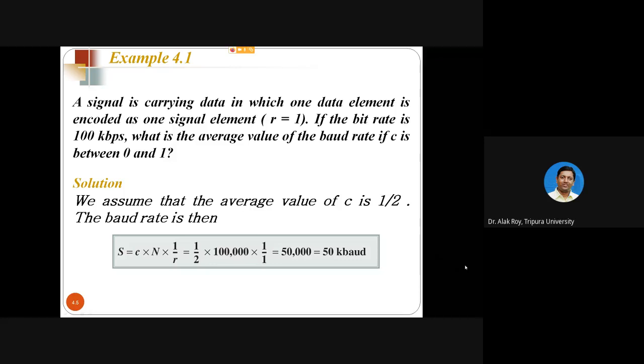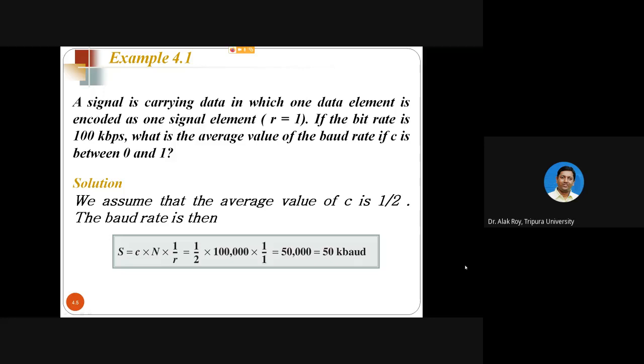We have a formula where a signal is carrying data in which one data element is encoded as one signal element, r equal to 1, if the bit rate is 100 kbps. What is the average value of the baud rate if c is between 0 and 1? We assume that the average value of c is half.